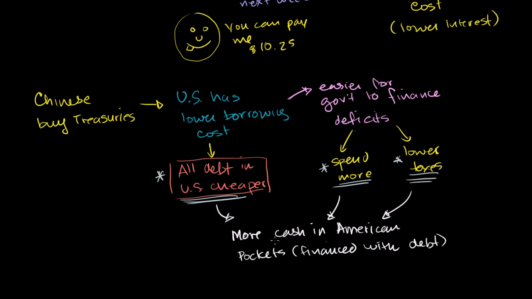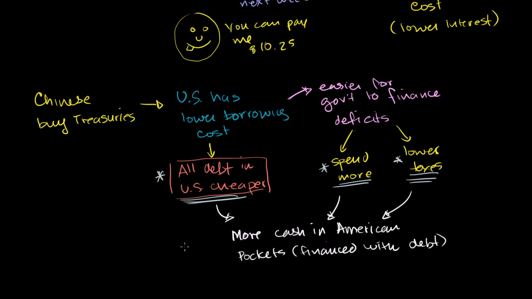But all of this is being enabled by the fact that China is willing to buy treasuries, which means that China is really just willing to lend to the US. So what's happening? China is lending. China is artificially keeping its currency low, and it's doing that by buying dollars, taking those dollars and essentially lending them to the United States. And that eventually ends up in the hands of American people and companies and even the government.